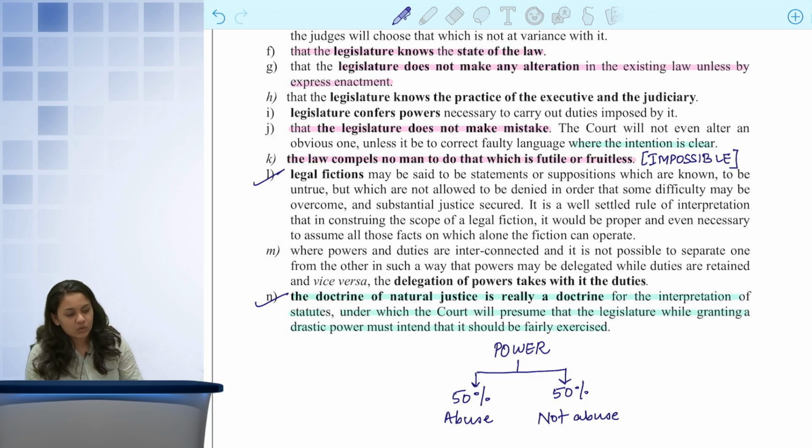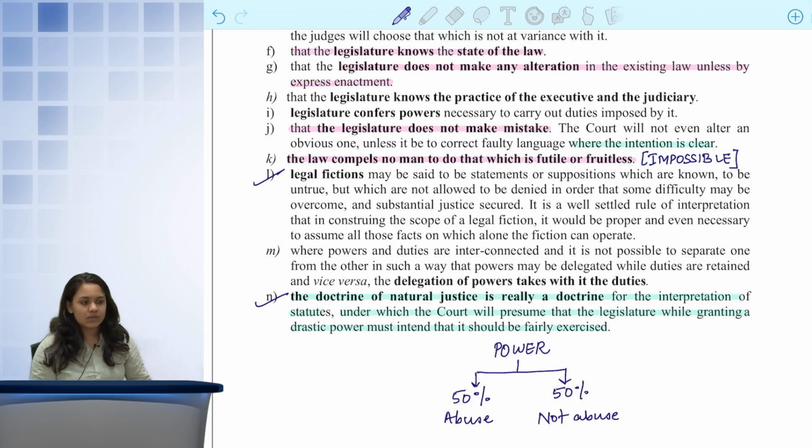And then the court will also presume that when a law is granting power to a certain individual or a certain office, the doctrine of natural justice, or principles of natural justice, must apply over here, so that the power is exercised properly, effectively, and without any abuse.